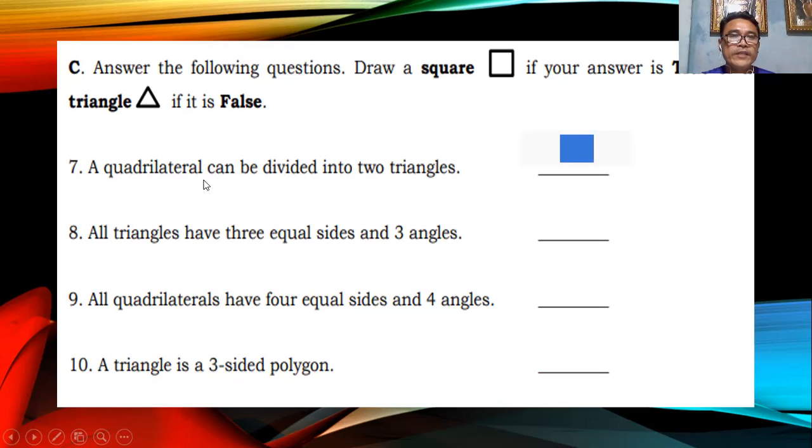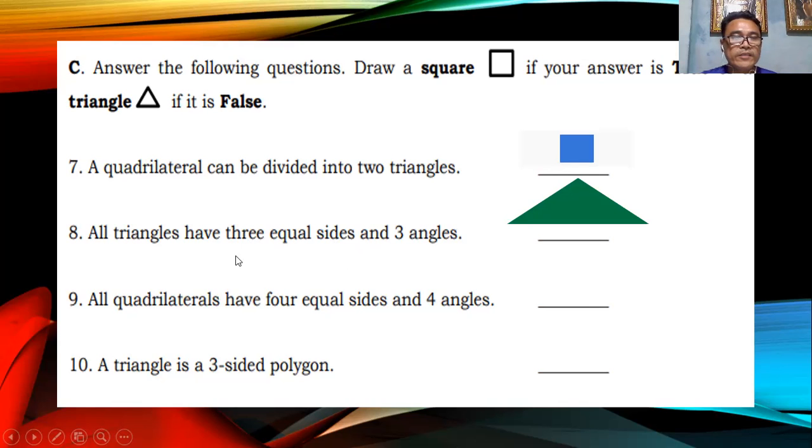If you are going to divide this quadrilateral, it forms 2 triangles. Number 8, all triangles have 3 equal sides and 3 angles. Your answer is false.